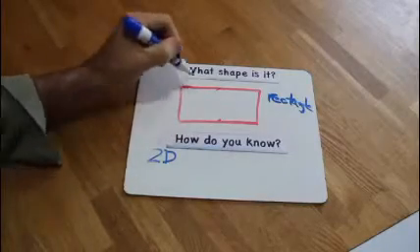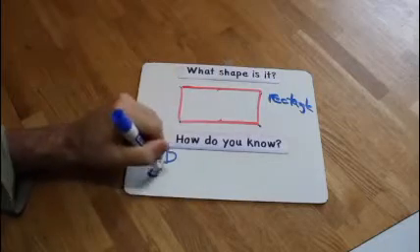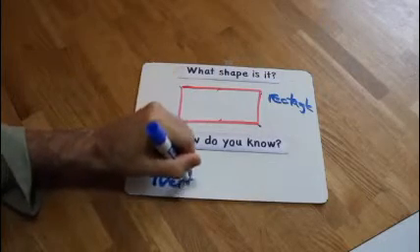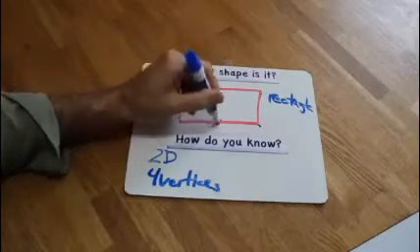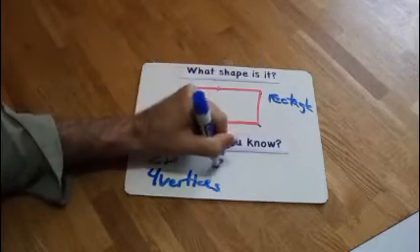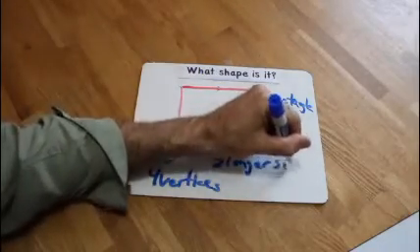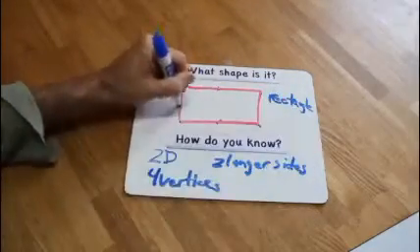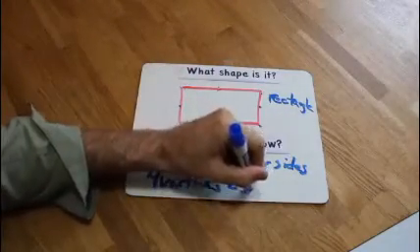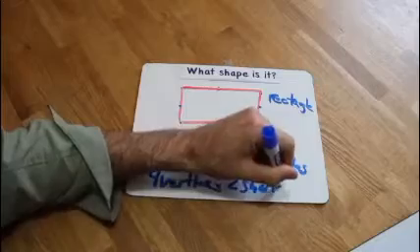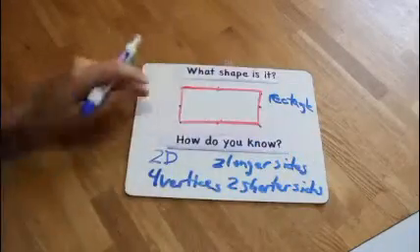It has 1, 2, 3, 4 vertices. 4 vertices or corners. And it has 1, 2 longer sides. And it has 1, 2 shorter sides. 2 shorter sides. And that makes it a rectangle.